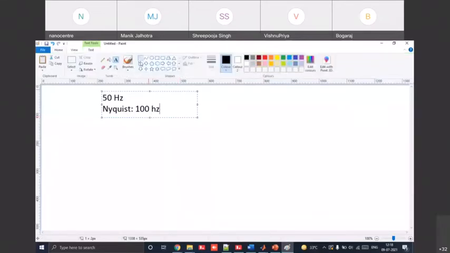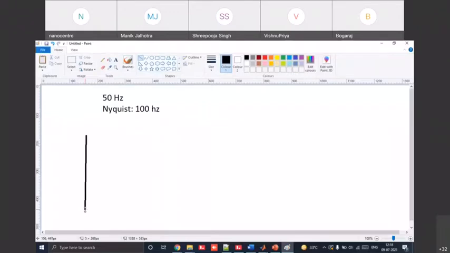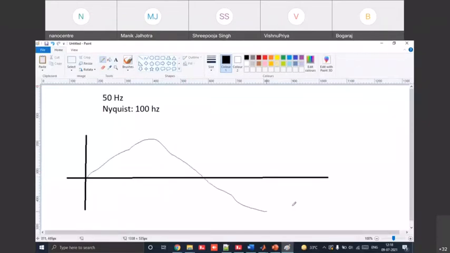What it means is that if I am trying to get a sine wave, this is my waveform. If I roughly draw it, this is how my sine wave should look. So this is 50 hertz. Now the Nyquist theorem says the sampling should be done at 100 hertz, so you collect samples at these particular positions.